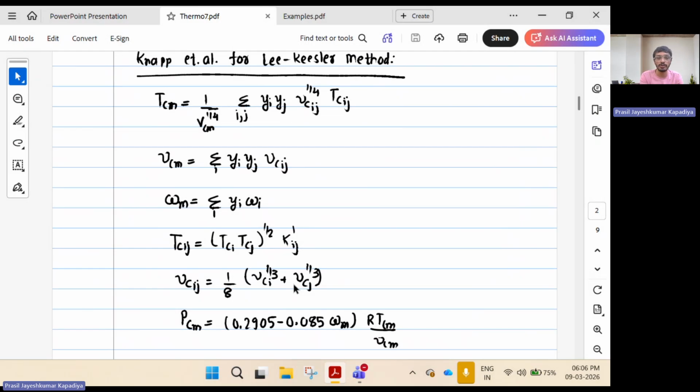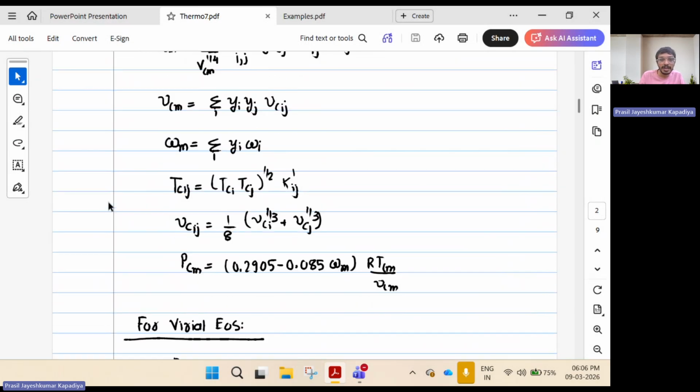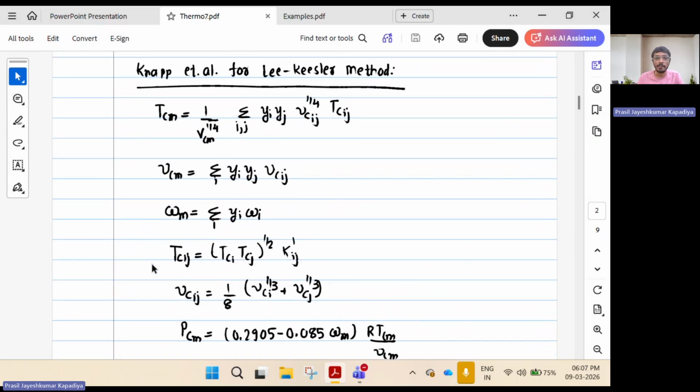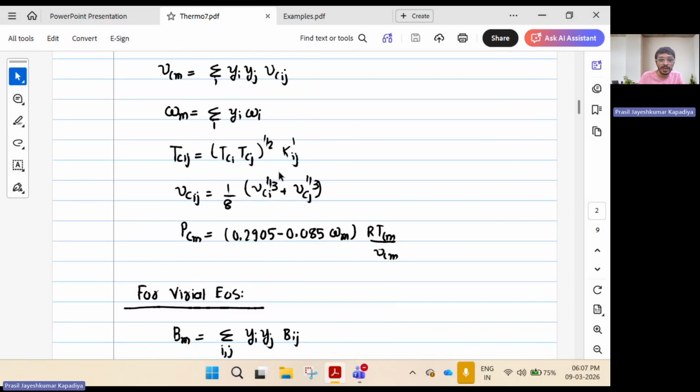Whatever number of components you have, use this particular formula. Similarly, for the omega eccentric factor, we simply use the additive rule, summation I YI omega I. For critical temperature, we use the geometric mean, square root of TC of one component into TC of another component. And from that, we can find the value of PCM, the critical pressure of the mixture. Okay, so this is one way.